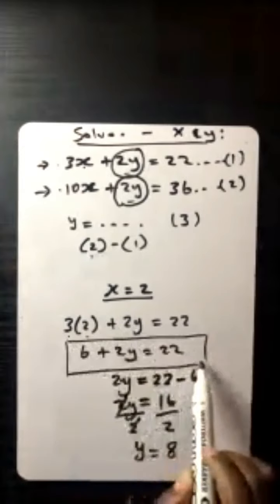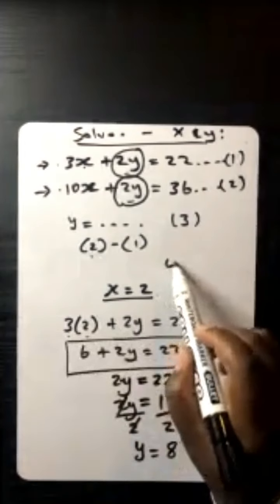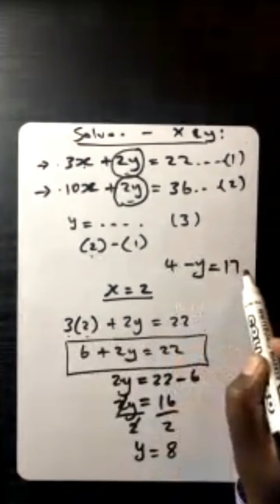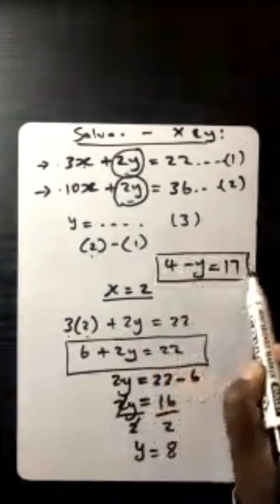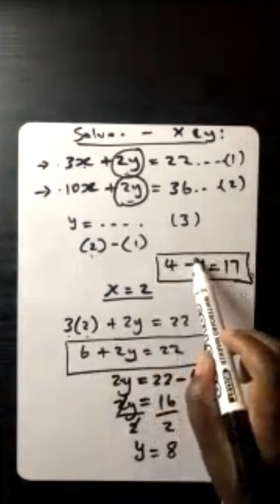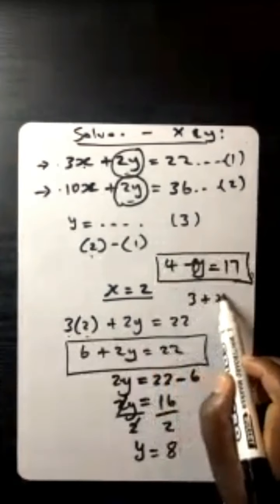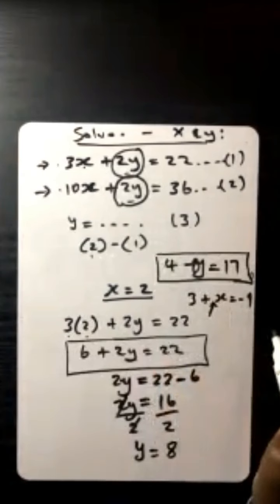So can you see, Shreyas, this is a problem that I was talking about when I said after giving you those type of problems where it's just maybe 4 minus y is equals to maybe 17. You remember, I've been giving you this type of problems which doesn't have a coefficient, where it's just maybe 3 plus x is equals to negative 9. It's just 1 over there, you remember?